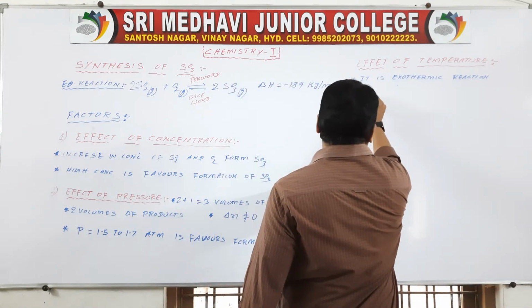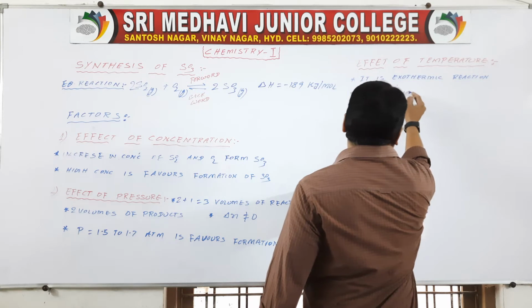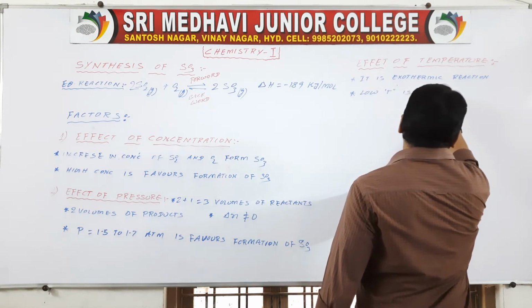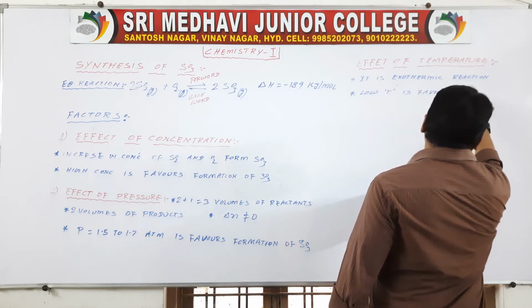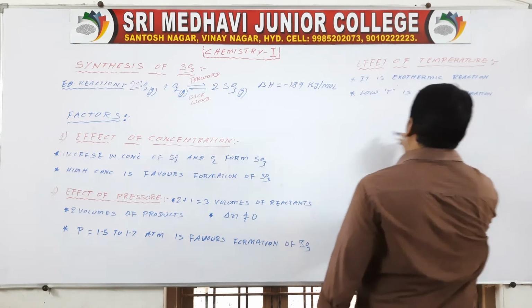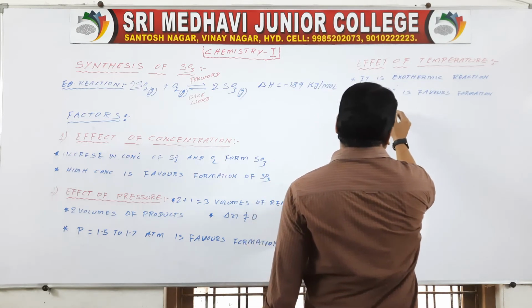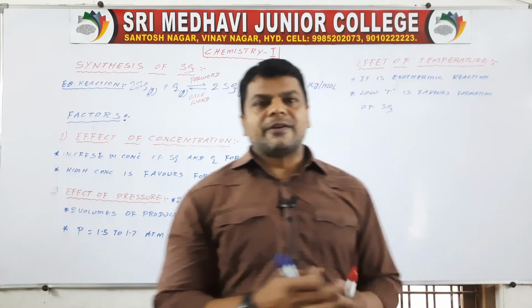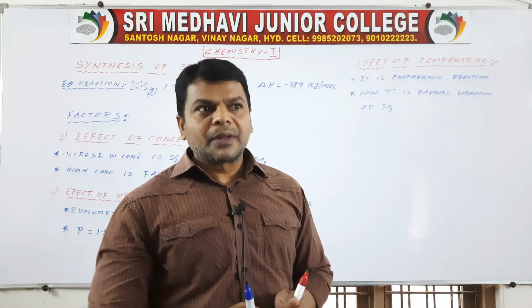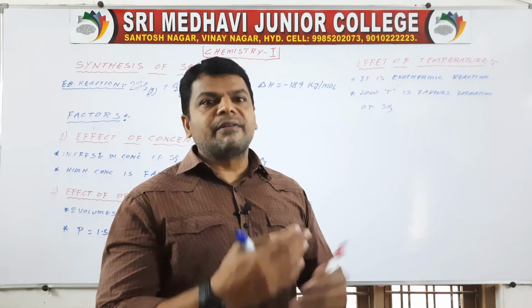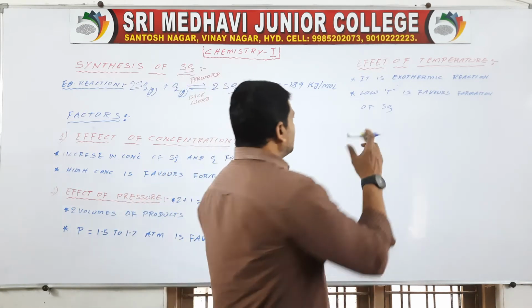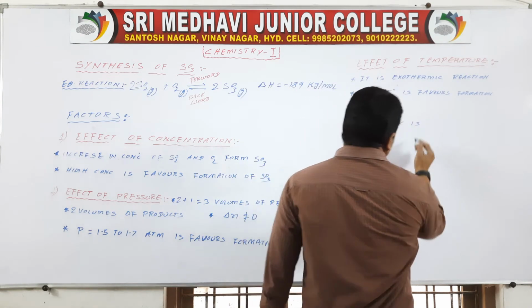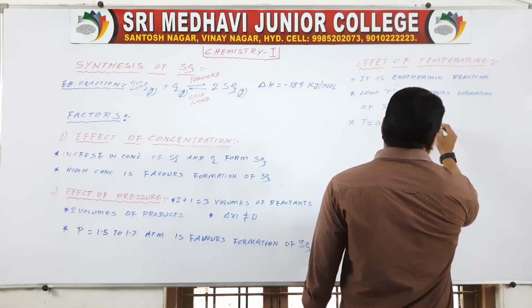Low temperature favors the formation of SO3. Due to the exothermic reaction, low temperature favors the formation of SO3. So an optimum temperature of 673 kelvins is used.